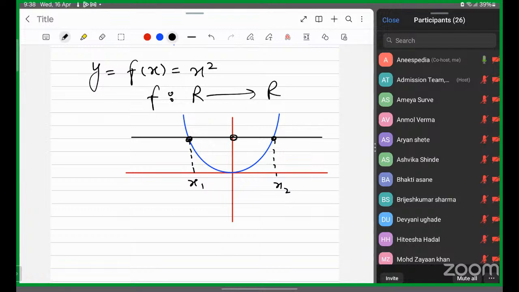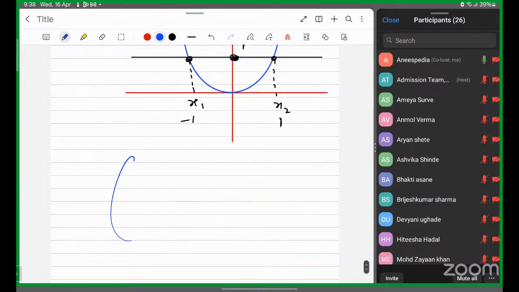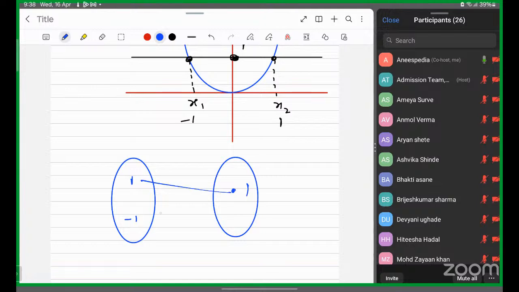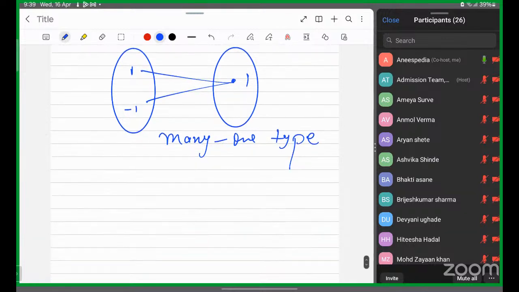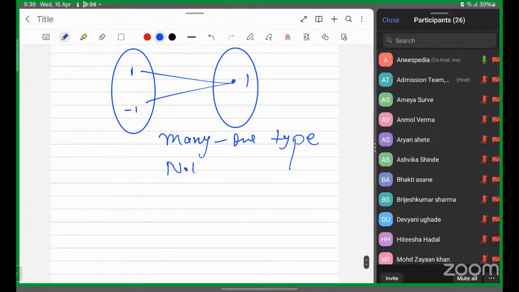For example, if this is 1, the answer will be 1. If this is -1, the answer will be 1. So the behavior of this function is such that if you take 1 or -1, the answer is always 1. So this is many-one type. And if it is many-one, it cannot be invertible. So it's not an invertible function. Understood?